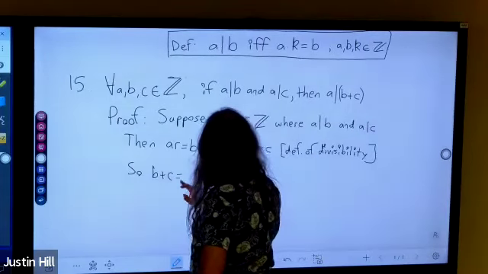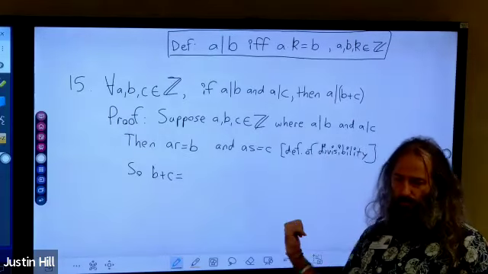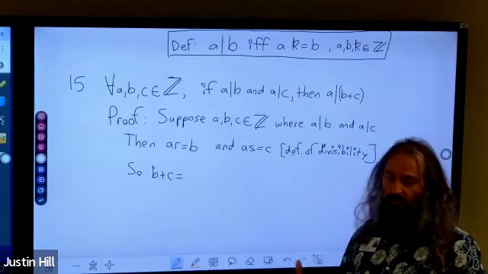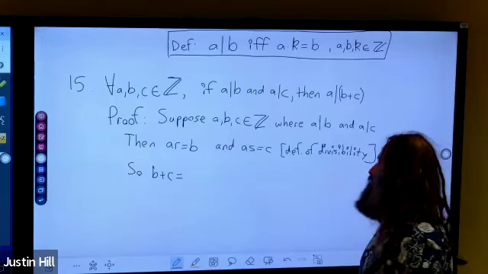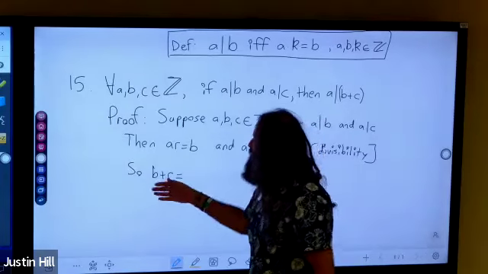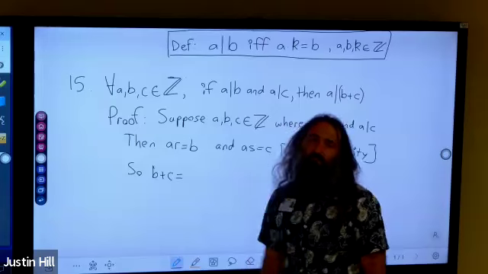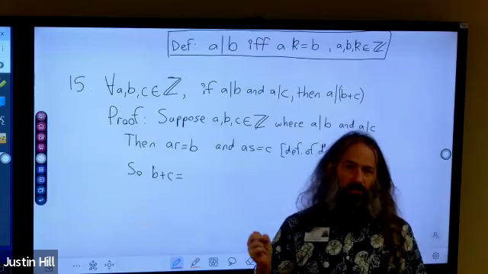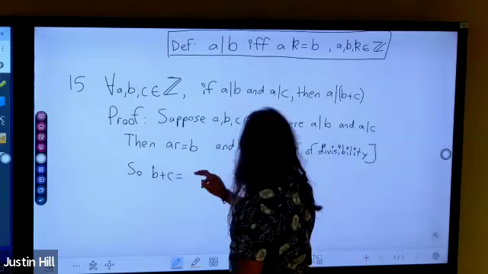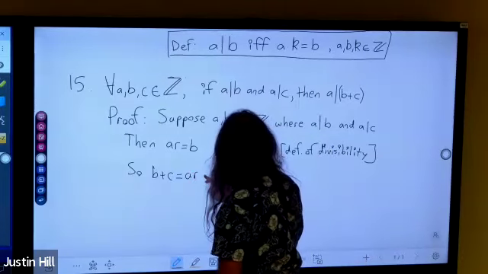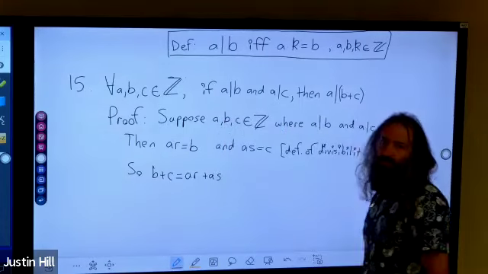If you look back at the example proof we just did, and at the proofs we did in 4.2 and even 4.1, once we introduce that construction, as long as the definitions tell me something algebraic about it, I stick an equals there, and I start substituting things in and doing algebra. So b plus c then is going to equal AR plus AS, because that's what my definitions say B and C are.